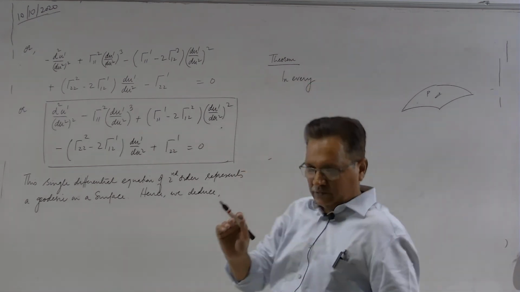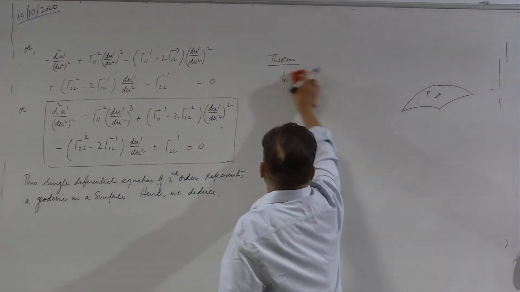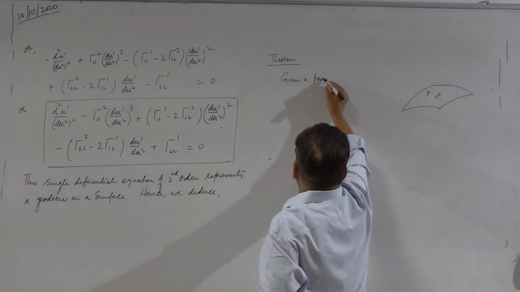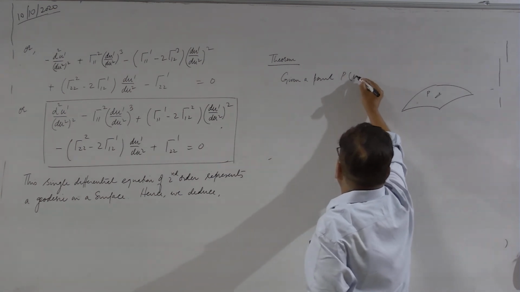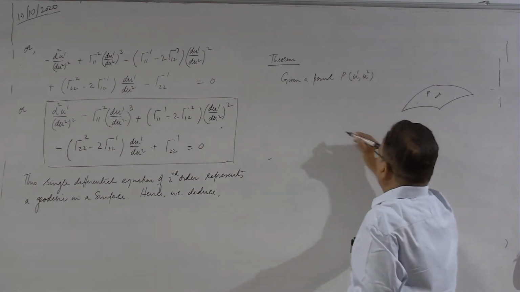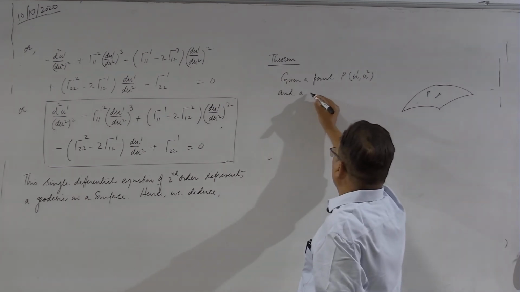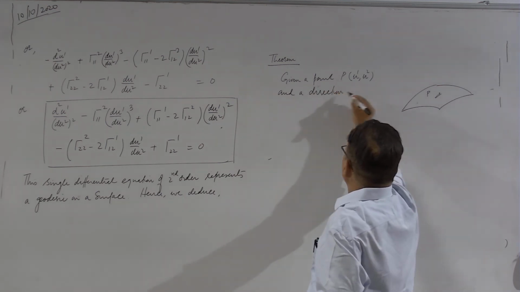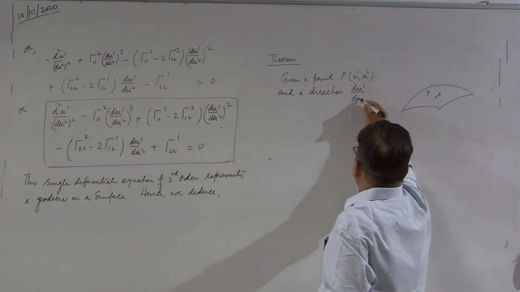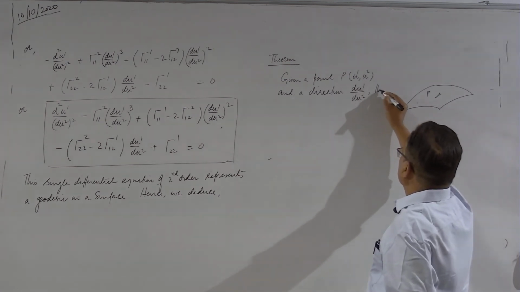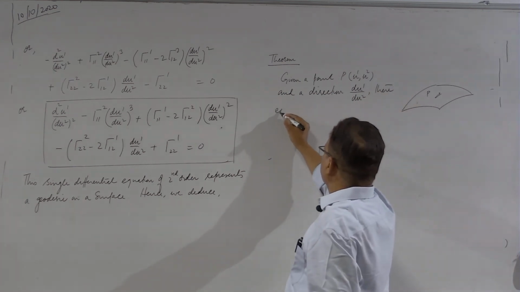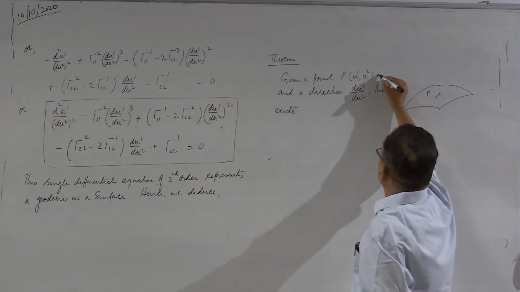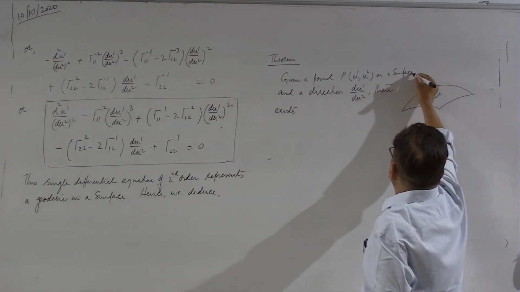Given a point P with coordinates u1, u2 and a direction du1 upon du2, there exists, given a point P on a surface of class how much?